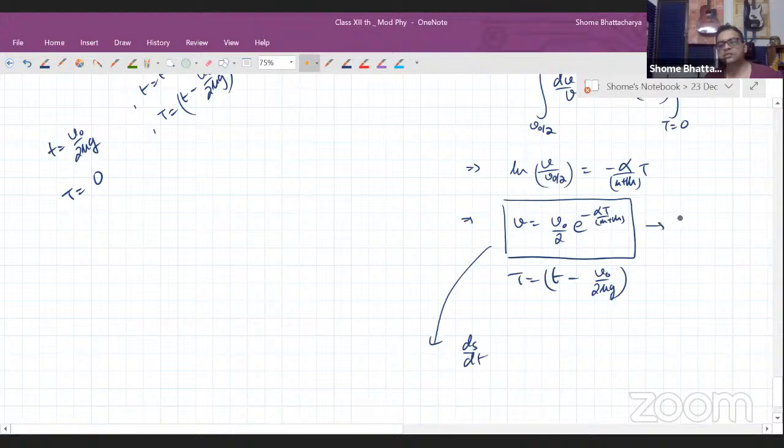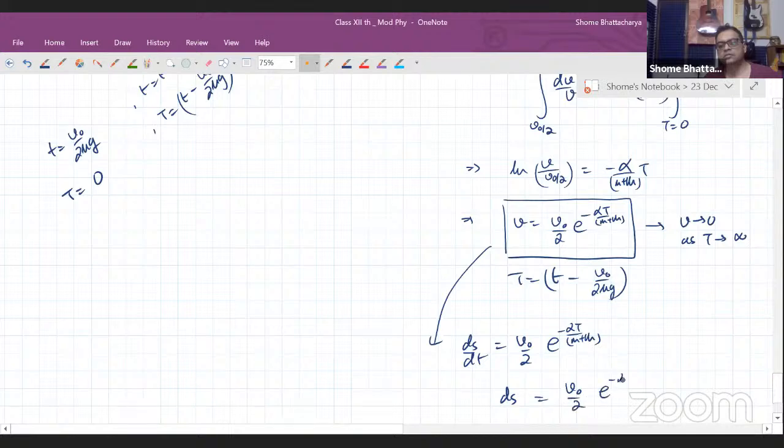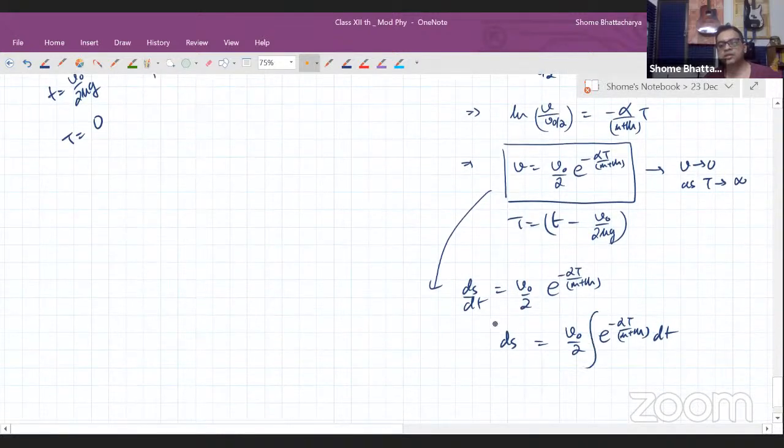So you can see that here V tends to 0 as capital T tends to infinity. So the total displacement will be integrated from 0 to total T tending to infinity.